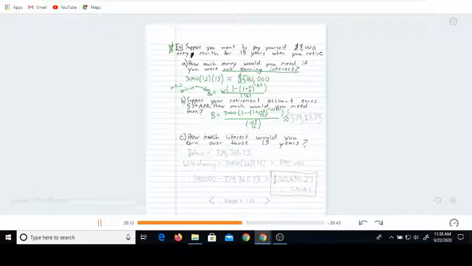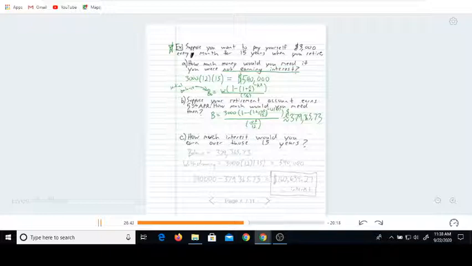And you can see that number plummets down to this. All right, $379,365 and 73 cents. So instead of needing $540,000 saved up, you would need $380,000 roughly, and that would be enough for you to pay yourself $3,000 a month for 15 years after retirement.